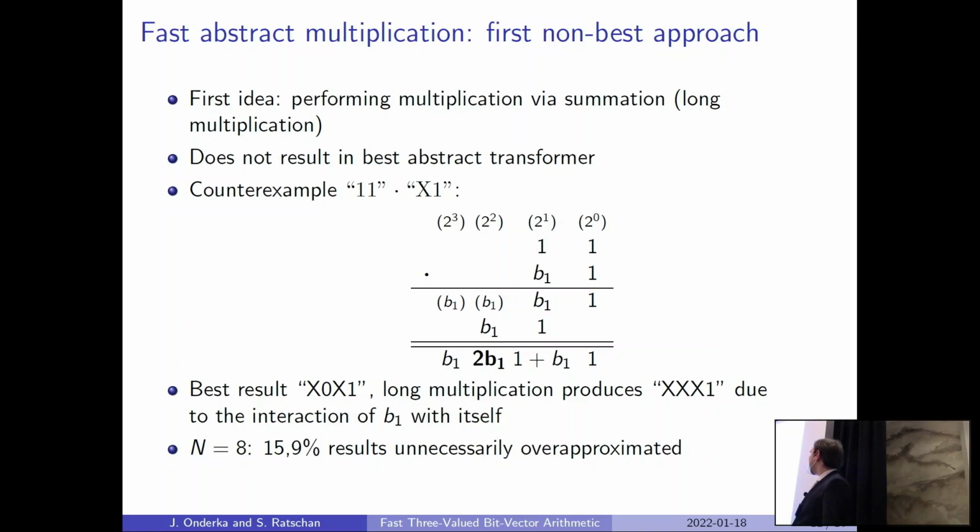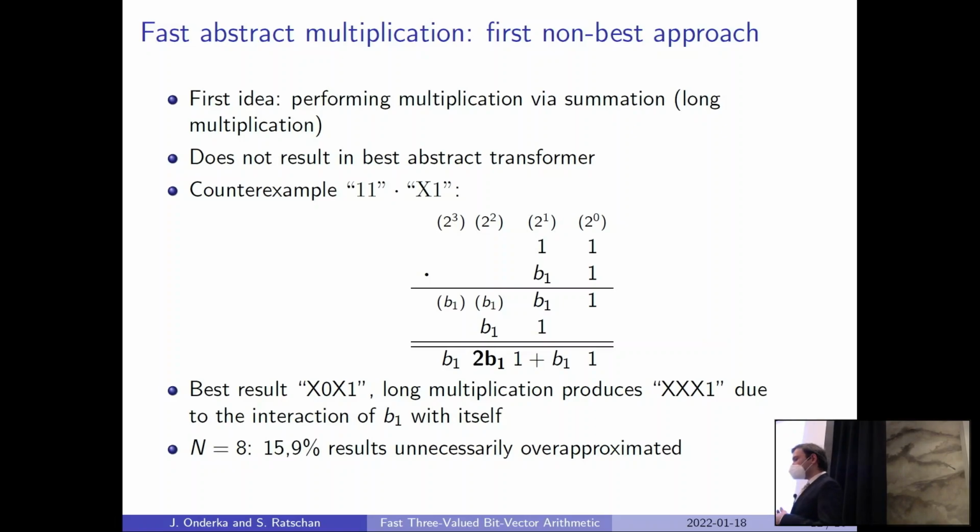First, we could try a non-best approach, where we would perform multiplication via summation, basically by rewriting multiplication to summation by long multiplication. But we can quickly see that this does not result in a best abstract transformer. And here is the shortest counterexample. Basically, what happens is B1 is carried through ripple carry to the next bit, and then we get B1.